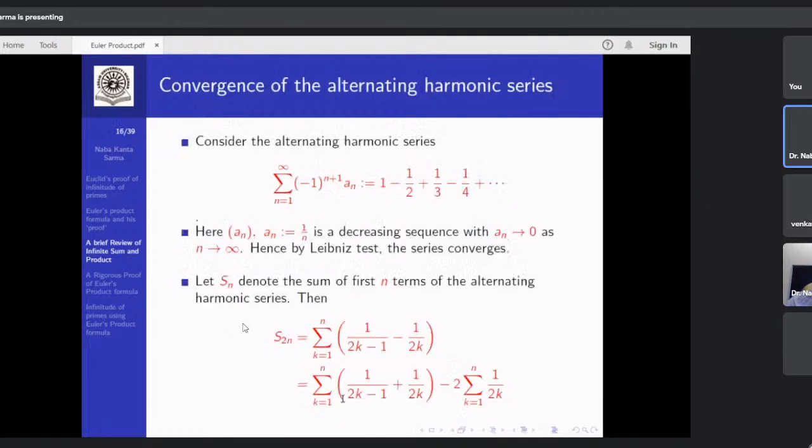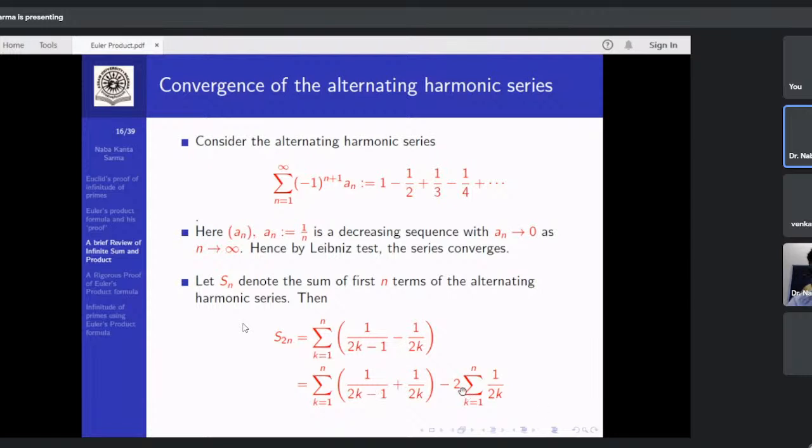If I combine these two terms, earlier the signs were minus and plus, but now I have made all signs plus. So I am getting one odd term, one even term, up to n. Since 2 terms are there in one bracket, I will basically be getting the harmonic series with all plus signs up to 2n terms. So this is the sum of the harmonic series of the first 2n terms.